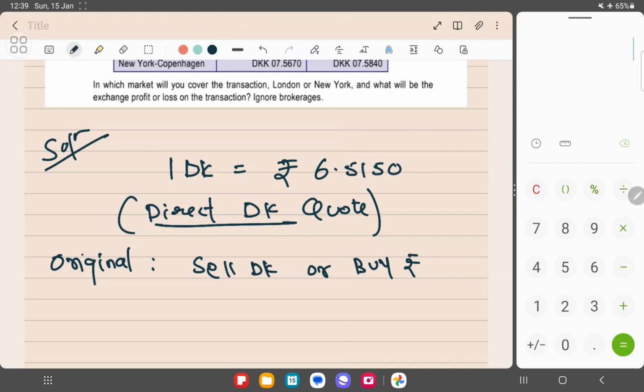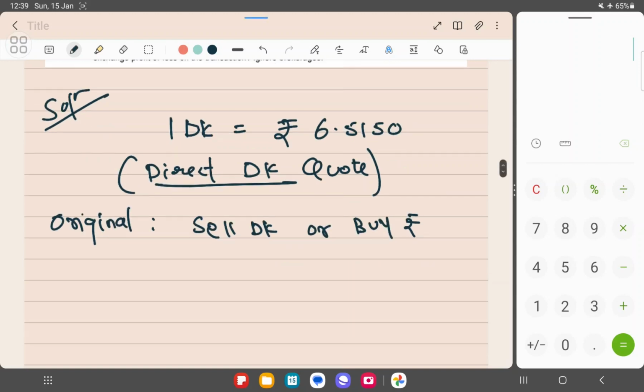So what would be my opposite? In order to hedge, I do the opposite position, right? I enter into an opposite contract in the foreign exchange market in order to hedge a contract. So to cover, my position has to be sell rupee or buy DK. The two currencies here are rupee and Danish kroner.